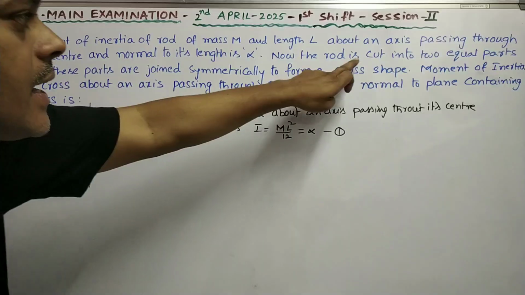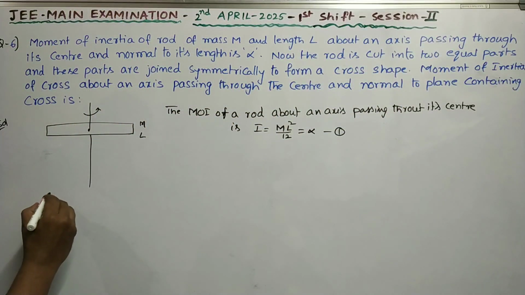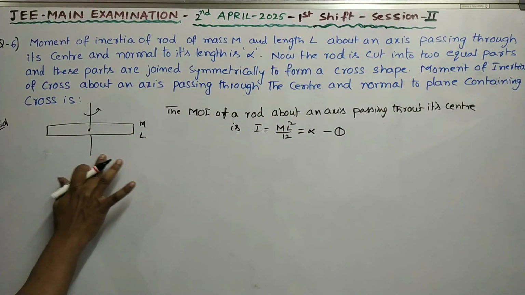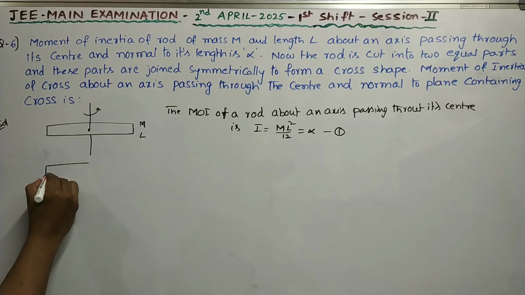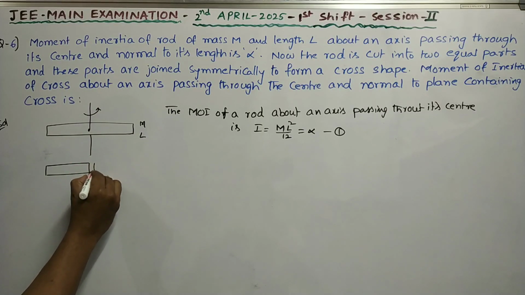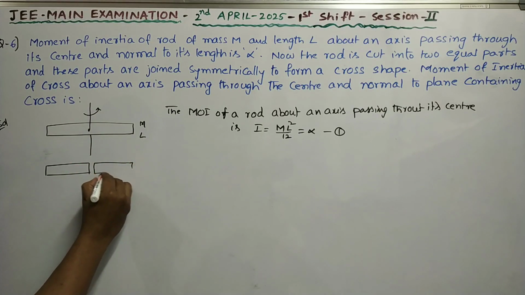Now the rod is cut into two equal parts. This is the first part and this is the second part.